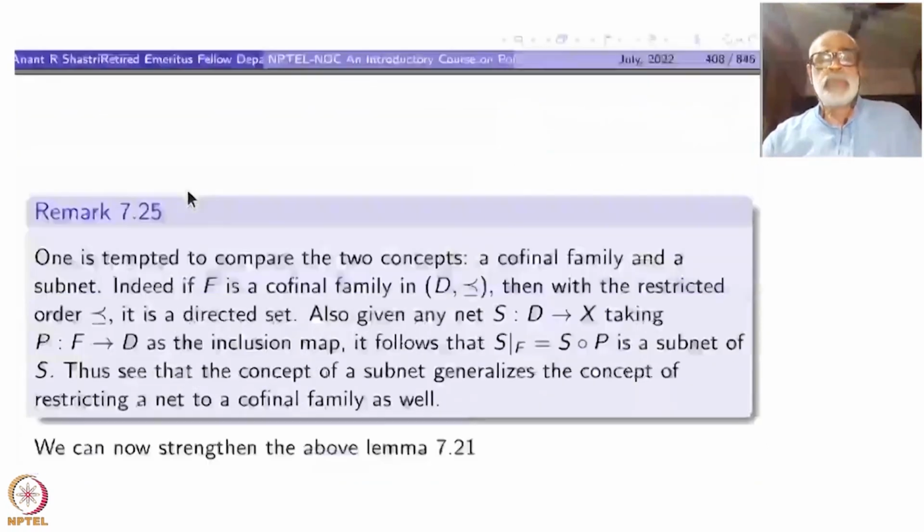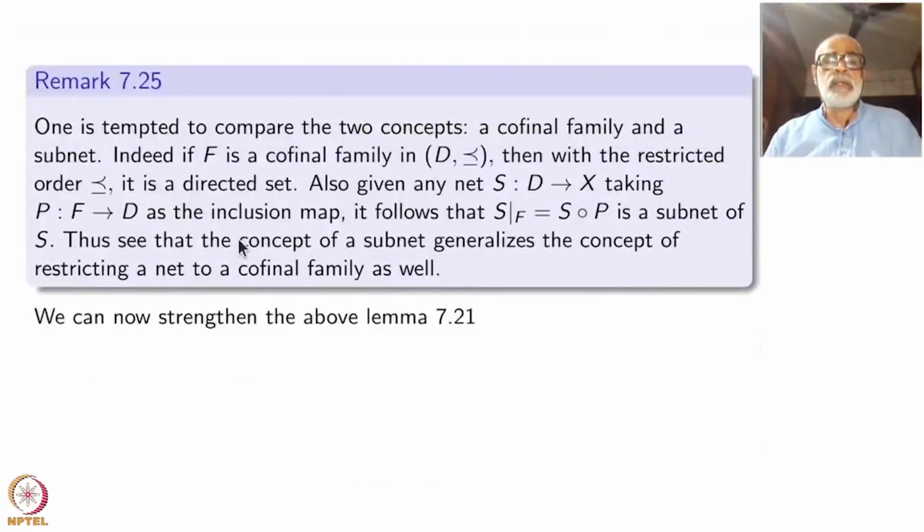Okay. So one more remark here. One is tempted to compare the two concepts, a cofinal family and a subnet. Indeed, if F is a cofinal family in D, whatever the partial order direction, then with the restricted order it is a directed set, right?